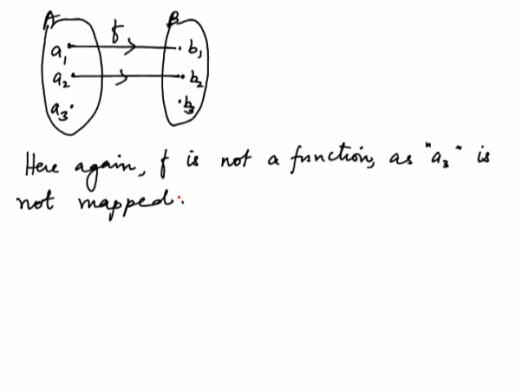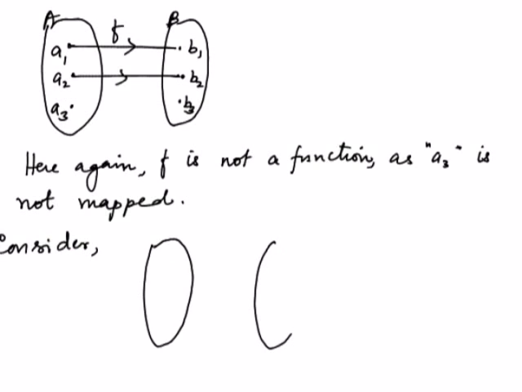Now let us understand the concept of domain, codomain and range. We define a function from A to B, with A comprising elements a1, a2, a3, and B comprising elements b1, b2, b3 and b4.